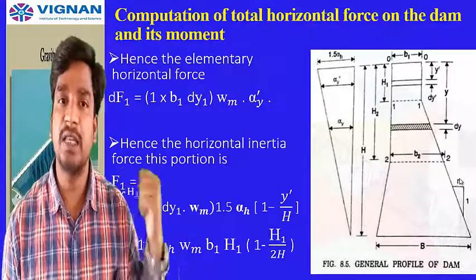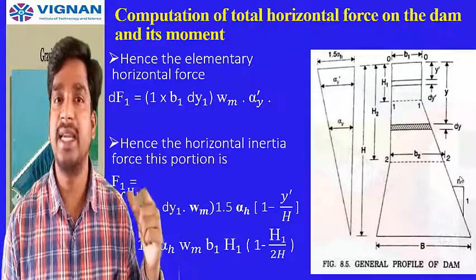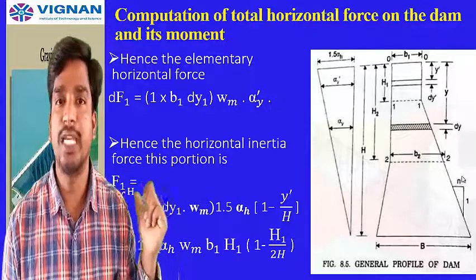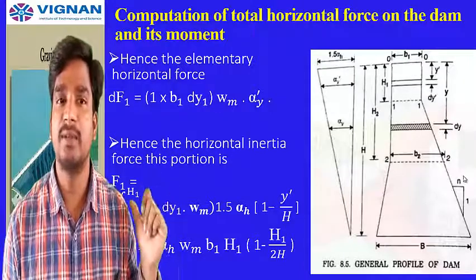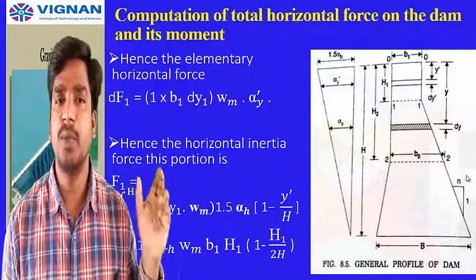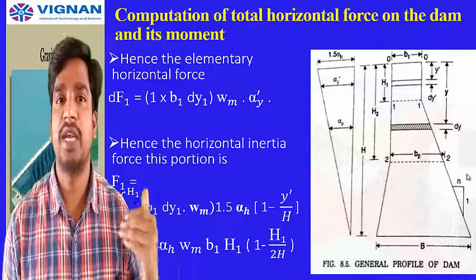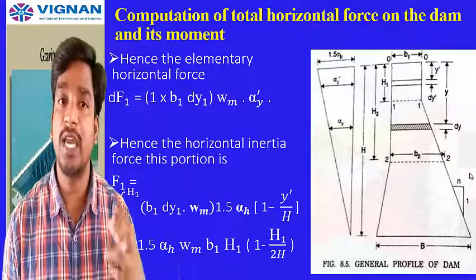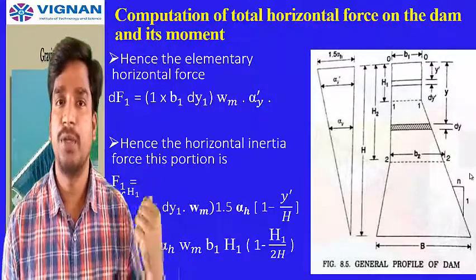The force is calculated for a small portion, where d indicates small portion: dF1 is equal to 1 into b1 into dy1 into wm into alpha y dash. Here 1 indicates a unit distance, and alpha y dash is the seismic coefficient. If you want to calculate the force for the entire portion of 0 0 to 1 1, we need to take integration.